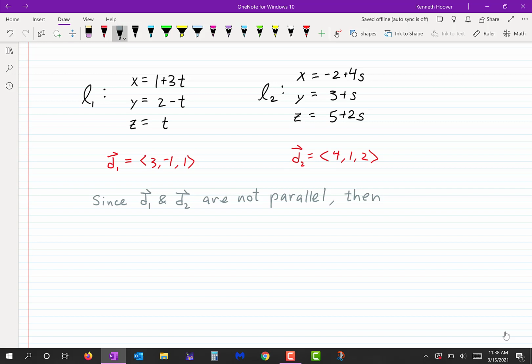I can say line 1 is not the same as line 2. And I can also say that line 1 is not parallel to line 2.